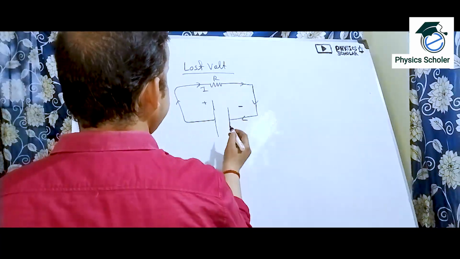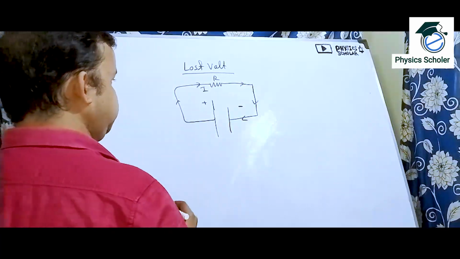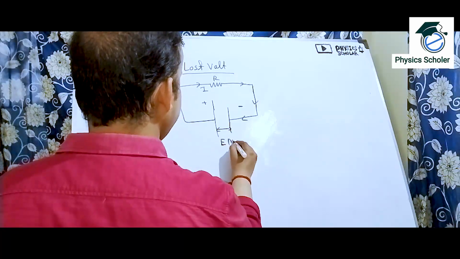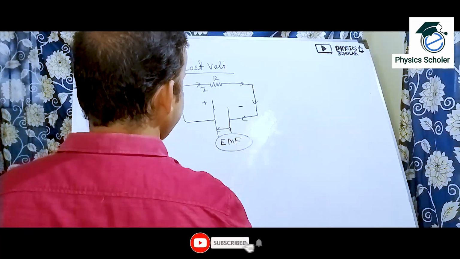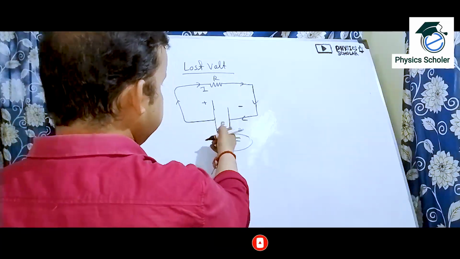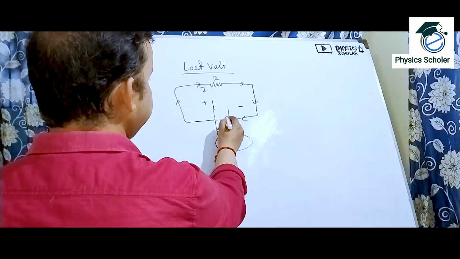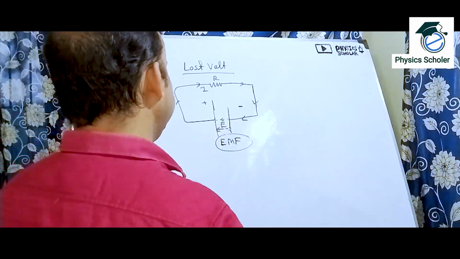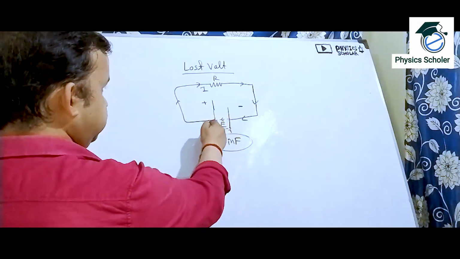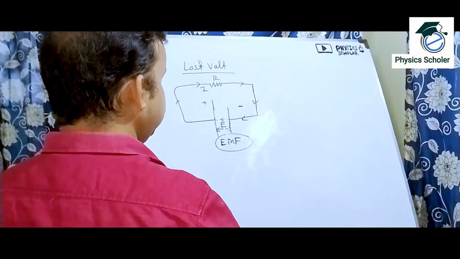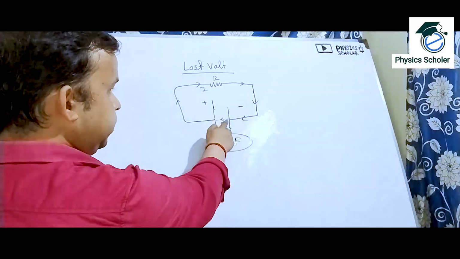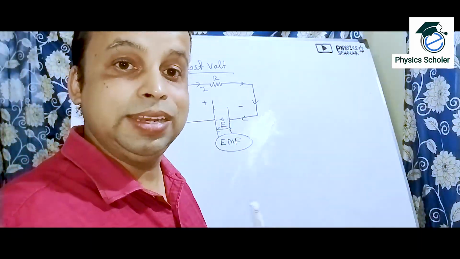Suppose the current is I. The battery has an EMF, known as electromotive force, and that EMF is E. Inside the battery, the current will flow from the negative to the positive terminal. And as there is resistance in the outer circuit, when the current is flowing inside the battery, it will also experience some resistance.